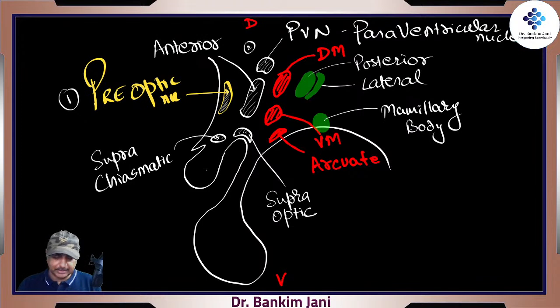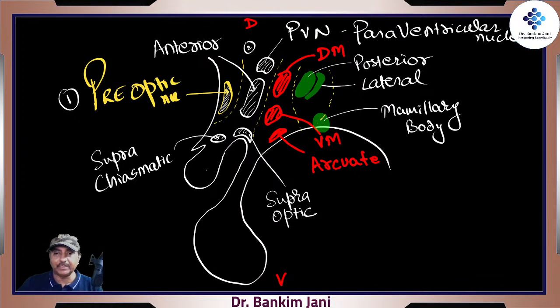That's how all of them are connected. The intermediate and posterior are separated, and this is how it gets complete. So these are the 4 zones.